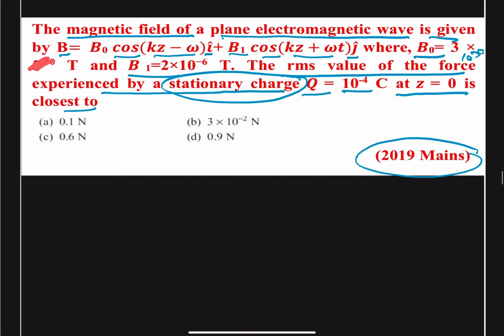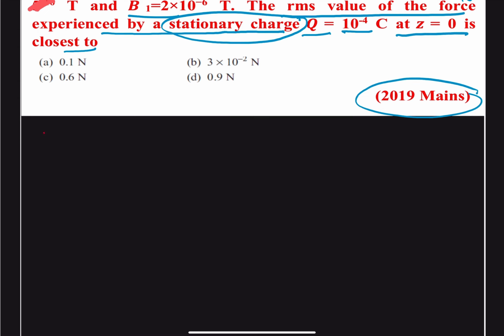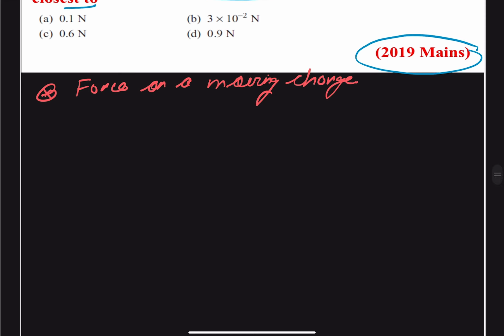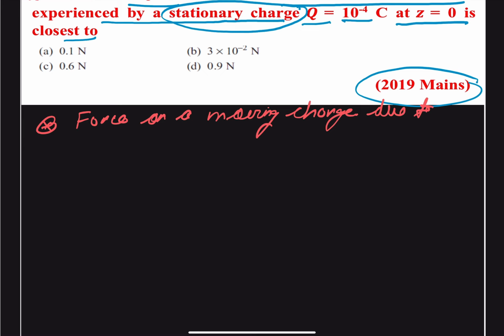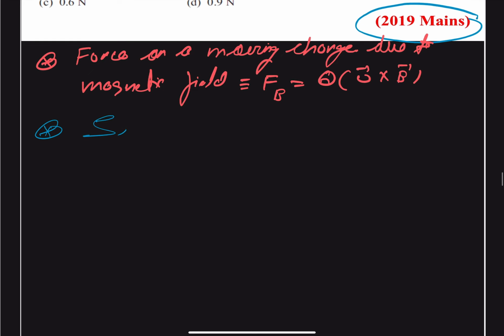So we can say that the force on a moving charge due to magnetic field, if given as our FB, then this FB will be equal to charge Q, v is the velocity, cross B. But the charge is mentioned as a stationary charge.